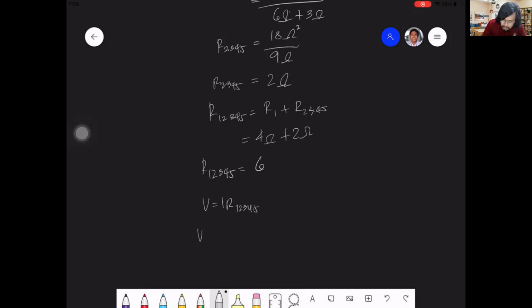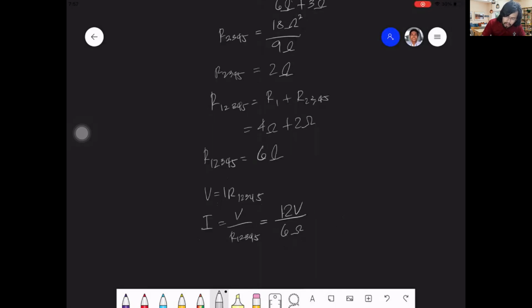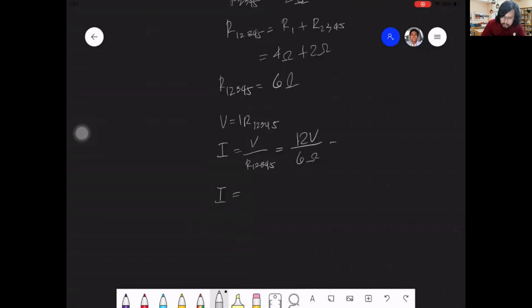So I is V over R12345, and we get 12 volts, the source, over 6 ohms. We get 2 amperes. Okay, that's the final answer: I equals 2 amperes.